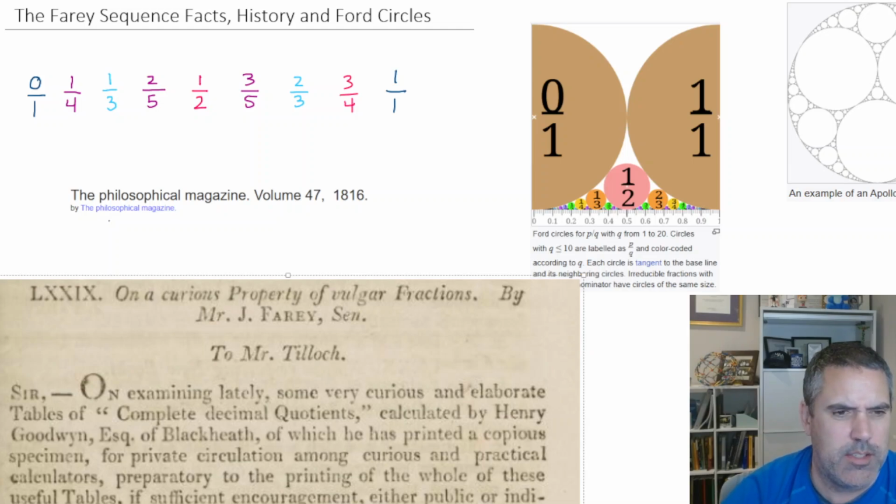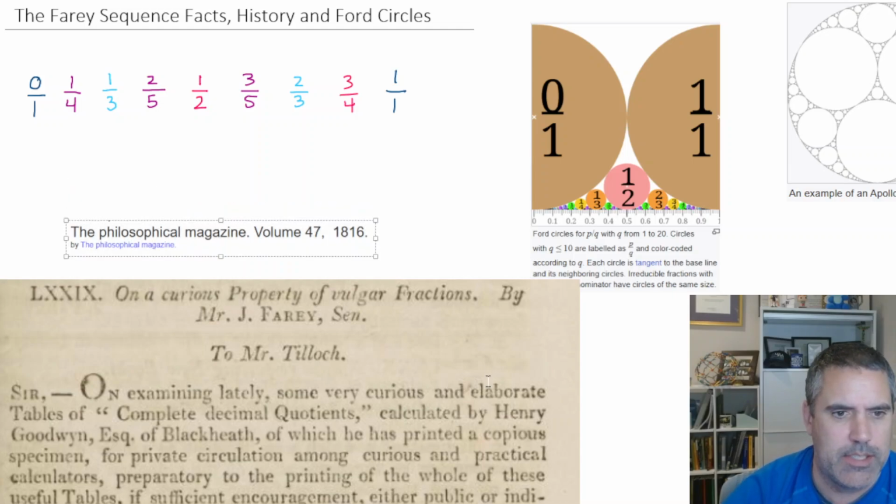So this was in a British magazine, 1816. He said, I've noticed some curious fractions. I liked the title was on a curious property of vulgar fractions. Now, vulgar, I looked it up. In British, it means common.